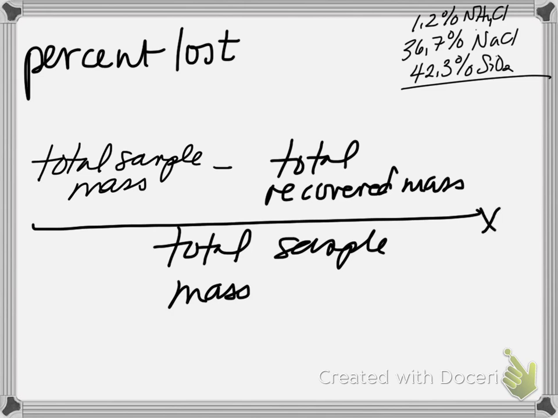And you'll multiply that by 100. What that will get you is the percentage of the sample that was lost to you. Now, that's all based on your original numbers. So that's assuming that your original numbers for mass were good. If they weren't, that's a different problem.